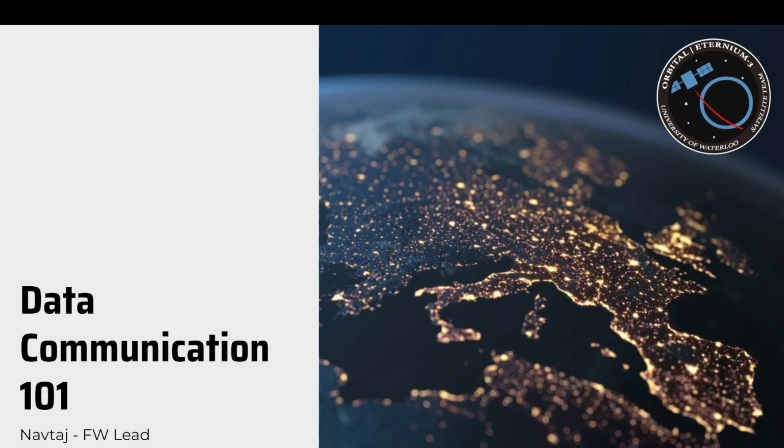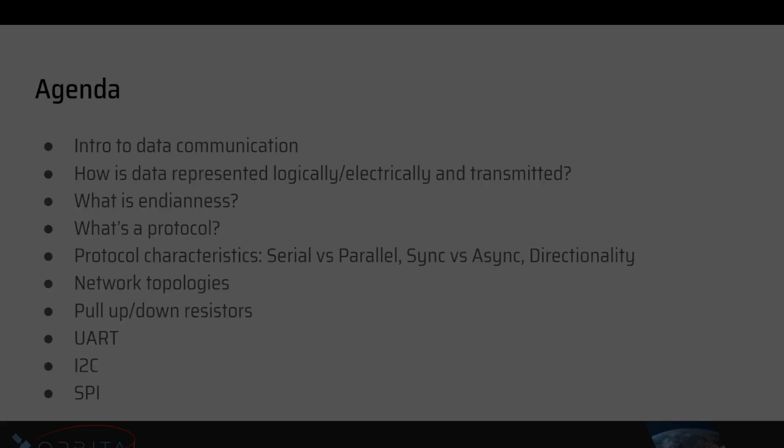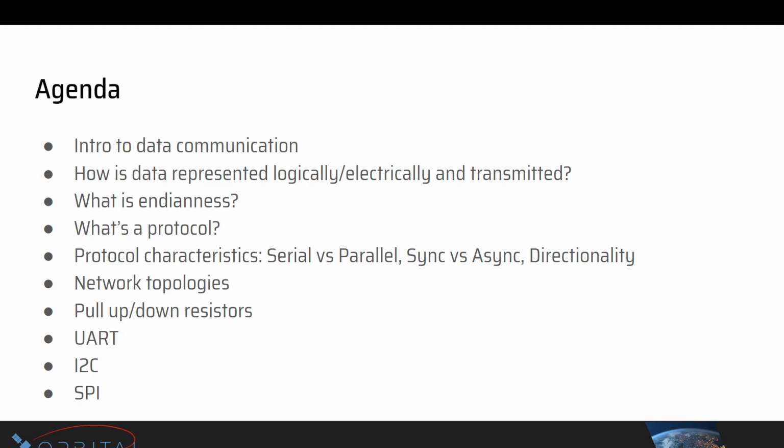Oh, okay. All right. So this is Data Communication 101. And quickly the agenda. First, we're gonna go over an intro to data communication, like how data is represented and how it transmits.